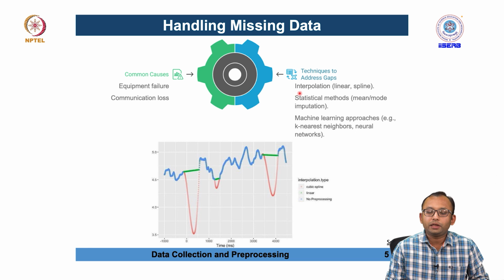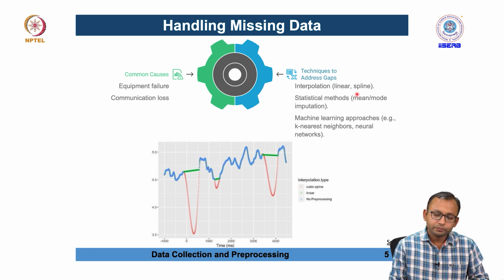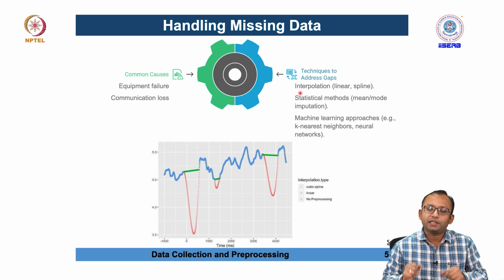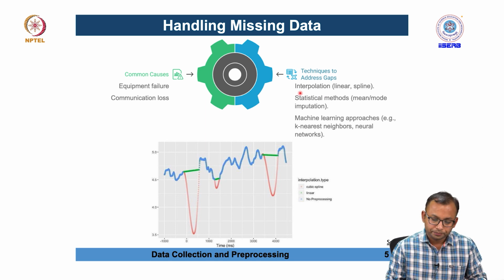For example, we can use interpolation techniques, which can be either linear or spline methods, or more complex interpolation techniques like IDW, kriging, which can also be used to interpolate the data where we have missing values. There are also statistical methods, like mean or mode imputation, that can be used to fill the gaps in the missing data set.